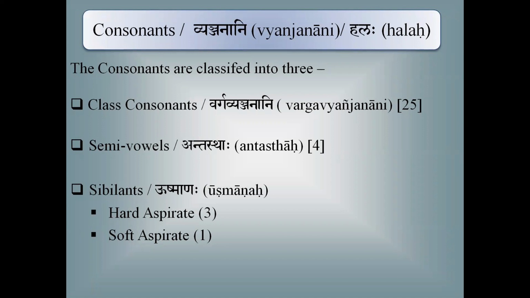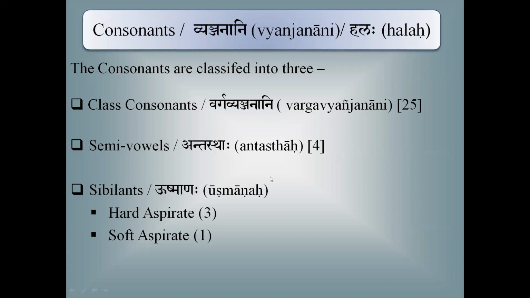Ushmana is divided into two, hard aspirate and soft aspirate. What is the Saṃskṛta name for hard aspirate? Mahapranaha. Have you heard the name Mahapranaha? Yeah, that's what it is. Mahapranaha, Alpapranaha.